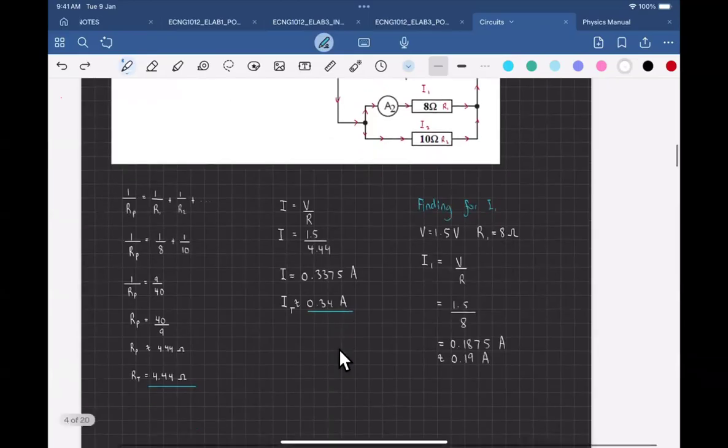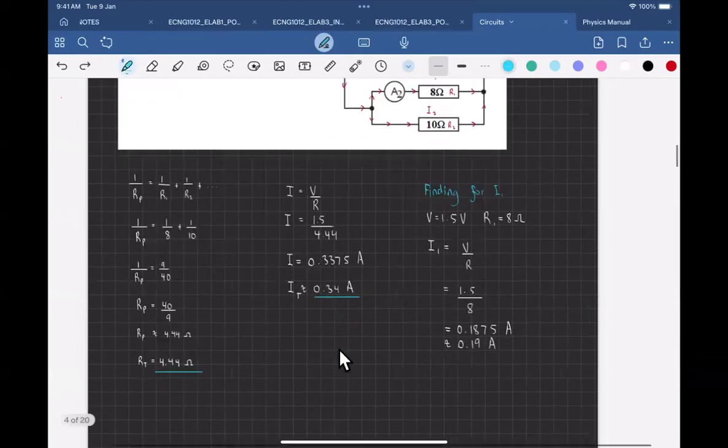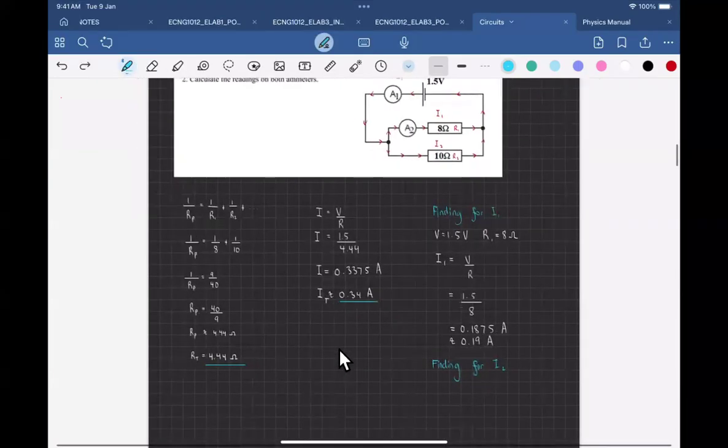Right, and let's find the current for I2, because why not? I'll give you all a moment to do that real quick. Find the current for I2. What is the current for I2? You've found the answer for I2 already. Tell me how you did that. How did you find the current for I2?